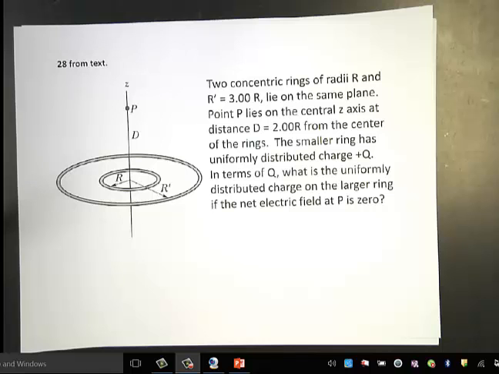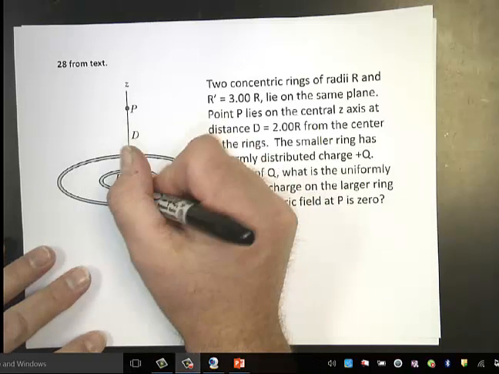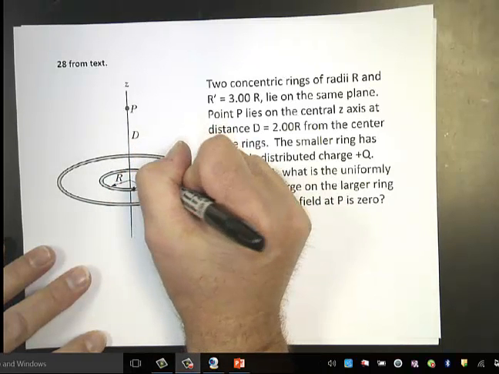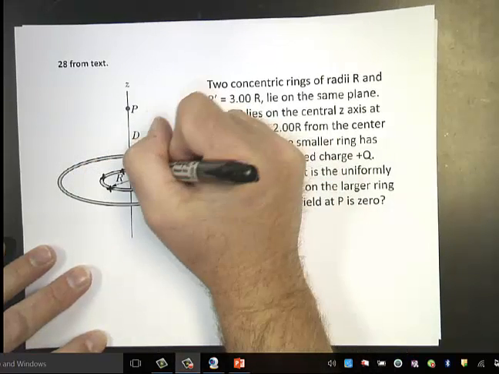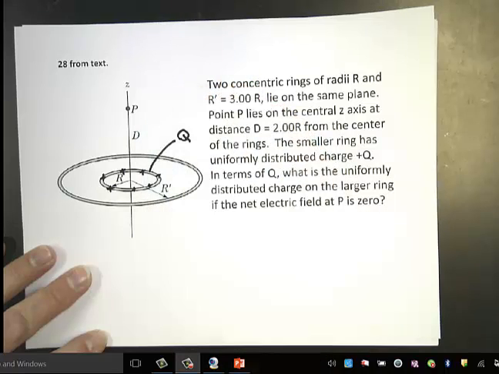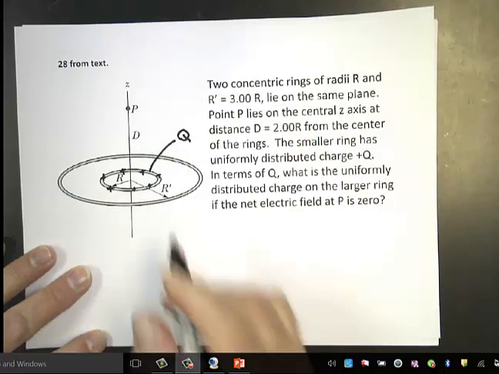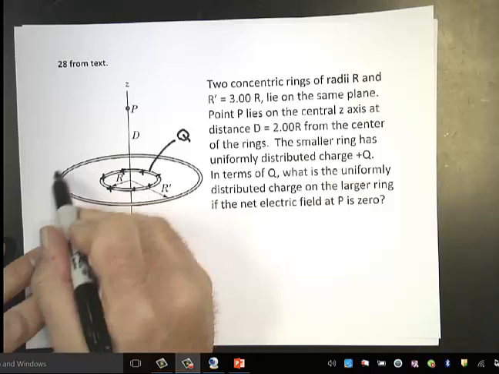The small ring is uniformly distributed with charge positive q. So this is a bunch of positive charges uniformly distributed in a circle, charge q.